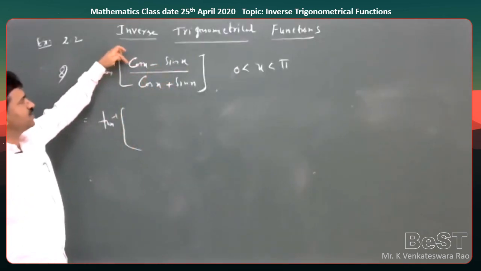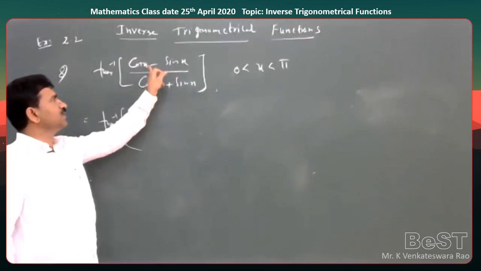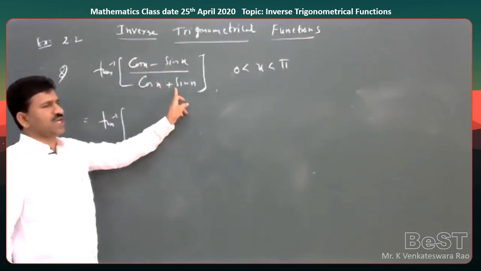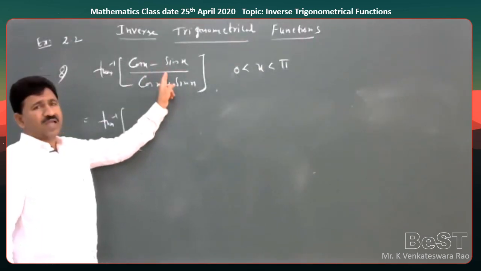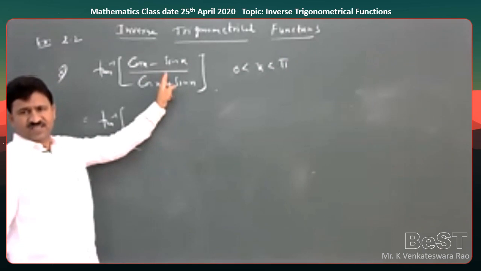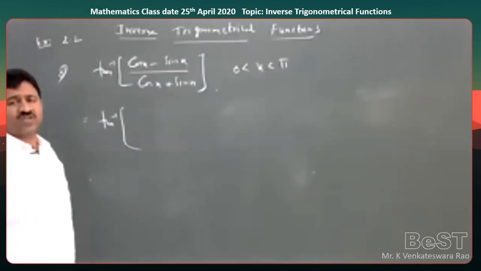That gives cos x by cos x is 1, minus sin x by cos x is tan x, so 1 minus tan x by 1 plus tan x. 1 minus tan x by 1 plus tan x means tan of pi by 4 minus x. So tan inverse tan cancels, and the answer is pi by 4 minus x.